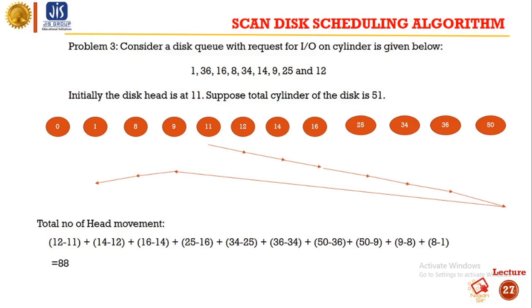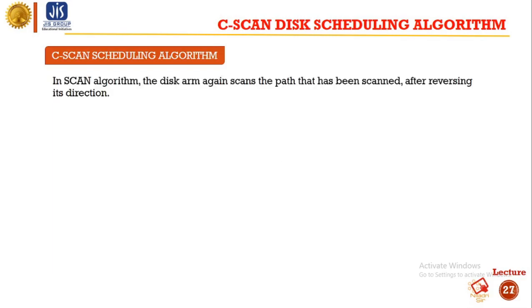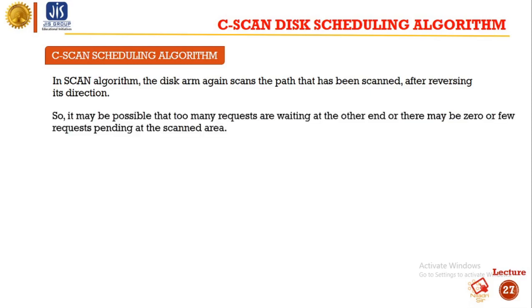Now we'll discuss the C-SCAN disk scheduling algorithm. In the SCAN algorithm, the disk arm scans the path that has been scanned again after reversing its direction. So it may be possible that too many requests are waiting at the other end, or there may be zero or few requests pending in the scanned area.